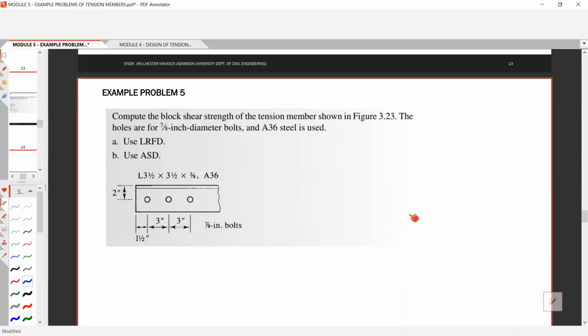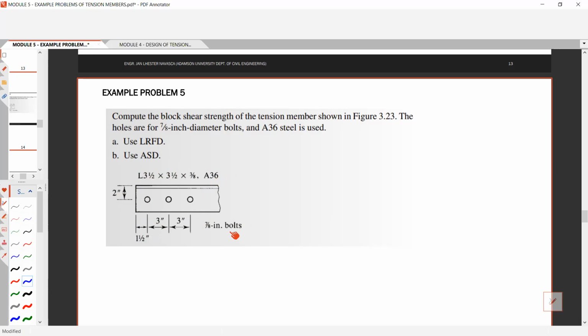The problem is asking for both the LRFD and ASD design philosophies. The member is an L 3 1/2 by 3 1/2 by 3/8 A36 steel angle. We have a distance of 2 inches at this position, 1.5 inches at the edge distance, a spacing of 3 inches, and you will be using 7/8 inch bolts.